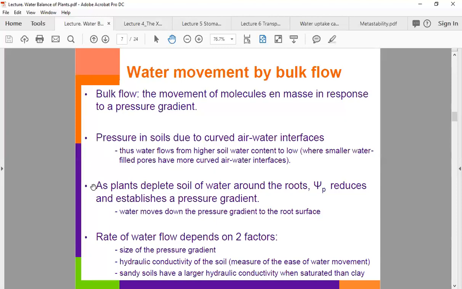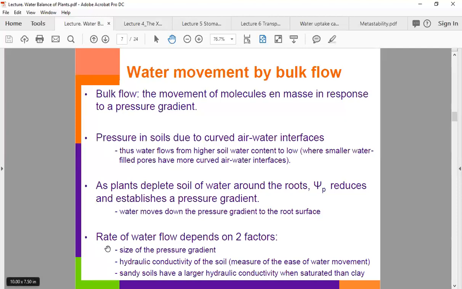So as plants deplete soil of water around the roots, the pressure reduces and establishes a pressure gradient. So that means water moves through the soil as a result of bulk flow and along a pressure gradient. That's all you really need to take home from this. And if you wanted to know about it in more detail, then you know that there's a bit more involved in terms of setting up that pressure gradient in the soil.